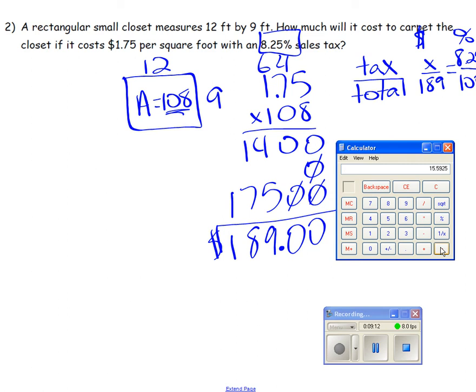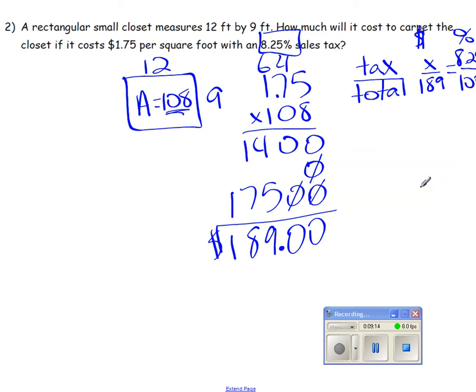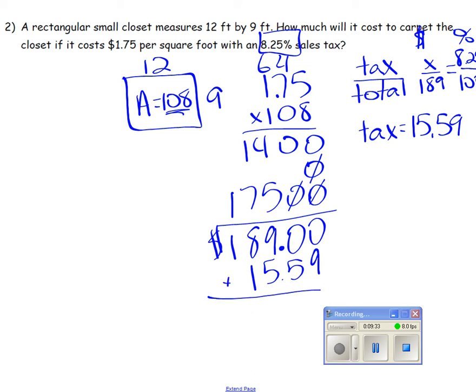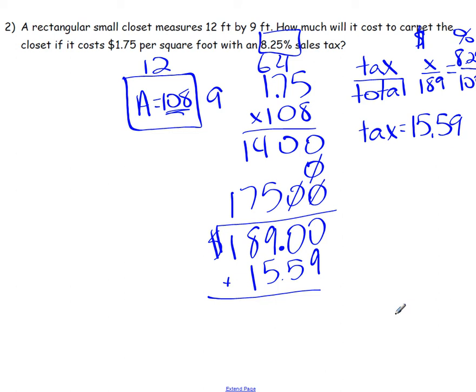That's a lot of tax. Not really. So what was this question asking for? What the cost was with tax? So now, how can we find the cost with tax? We just add 15. That carpet's expensive. I know, right? Only the best in closets.